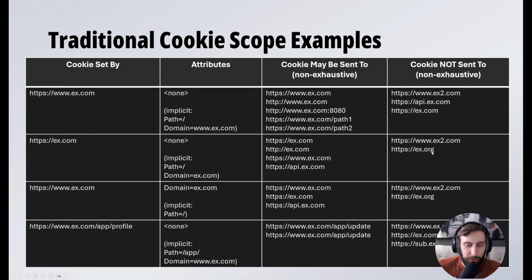It won't be sent to completely different domains. In the third row, we have the same original URL that's used, and now we're specifying the domain as the root domain, or the apex domain, ex.com. And the big difference here is now that cookie will be sent there. So you can see under cookie may be sent to, we've now included ex.com that the cookie is going to be sent to by the browser.